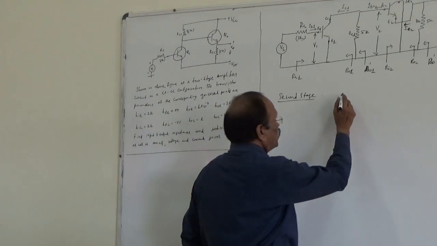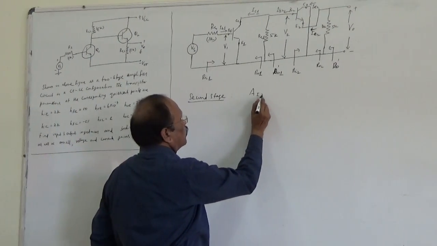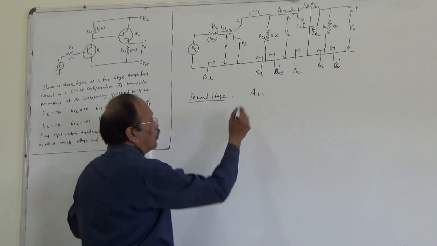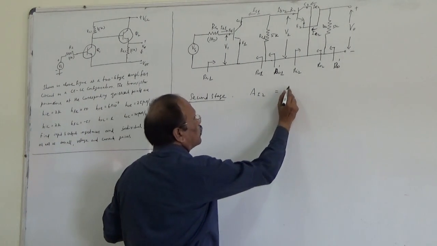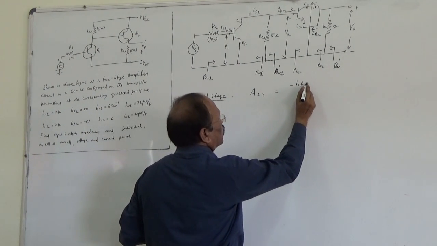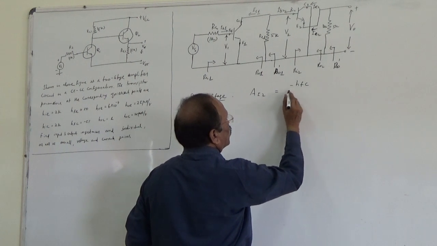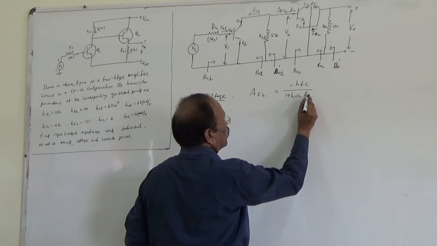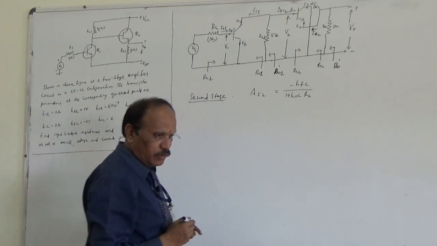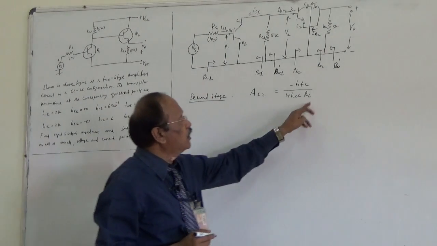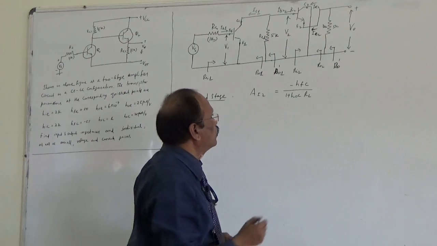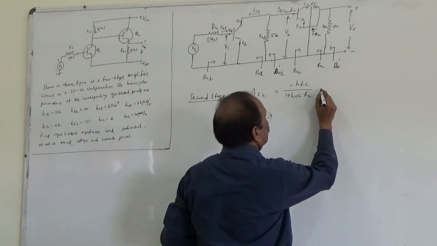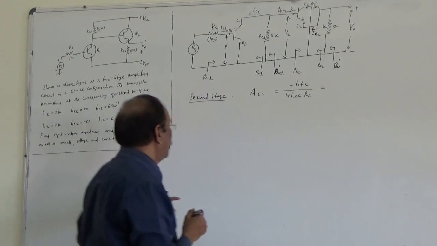To determine the individual current gain for the second stage, AI2 is given as minus HFC divided by 1 plus HOC into RL. Here RL is equal to RE2.